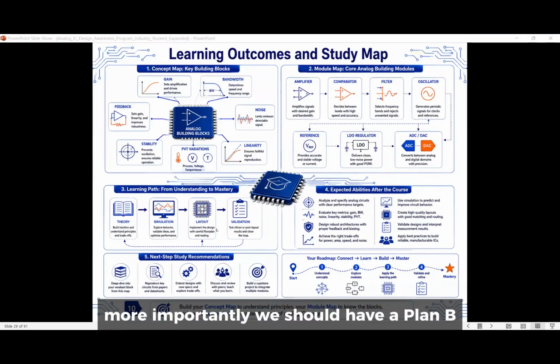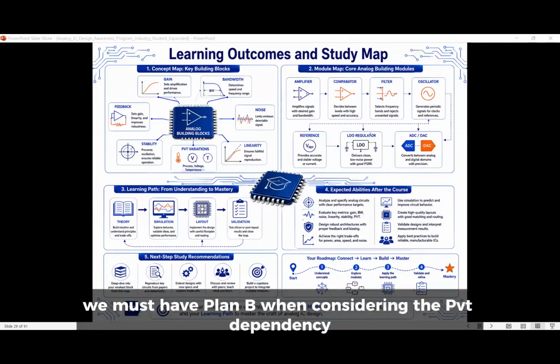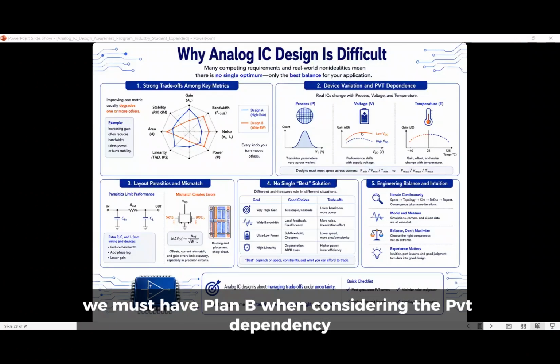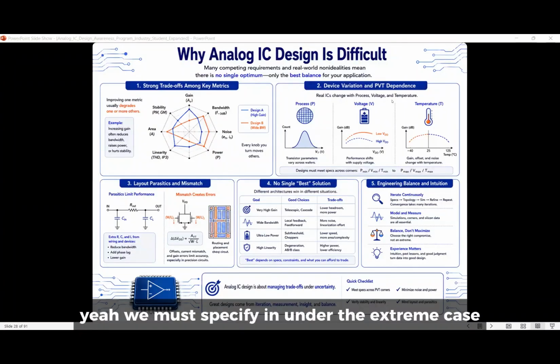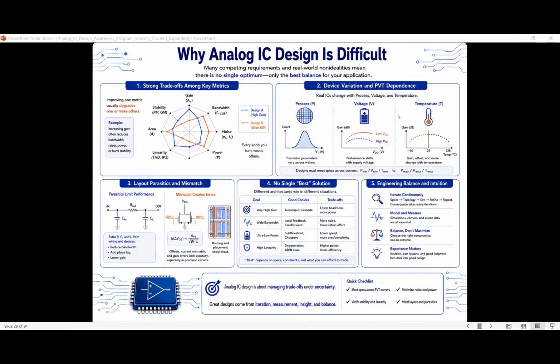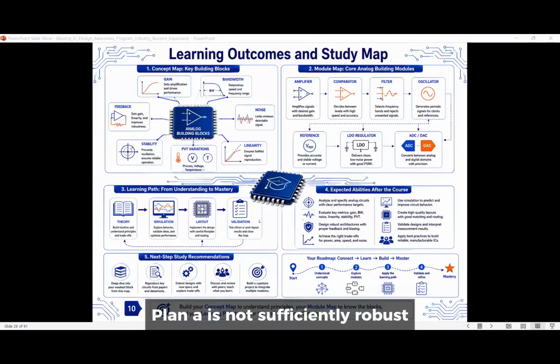More importantly, we should have plan B, not just plan A. We must have plan B when considering the PVT dependency. We must specify that under the extreme case, plan A is not sufficiently robust, but plan B may be better. But is plan B much better?